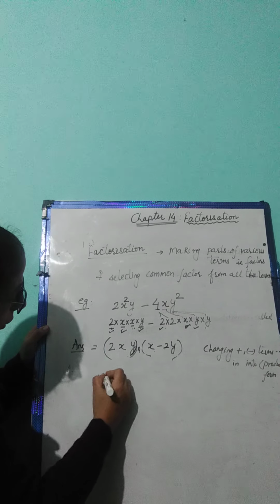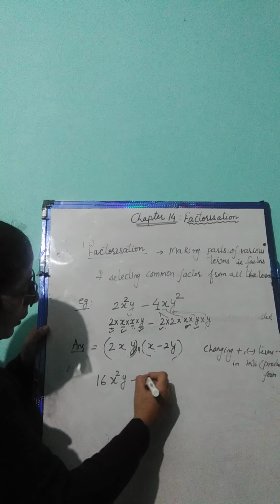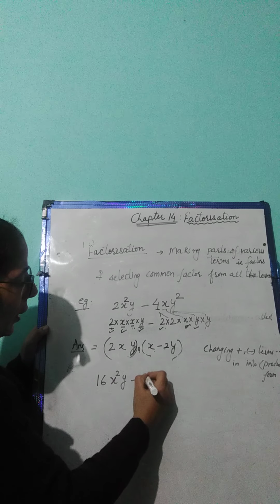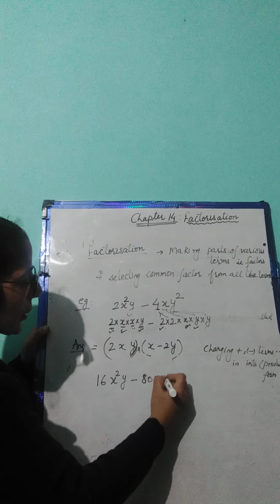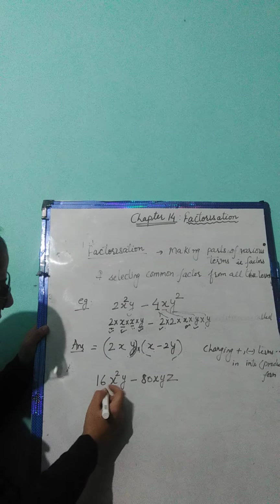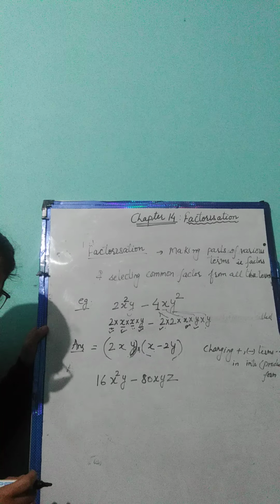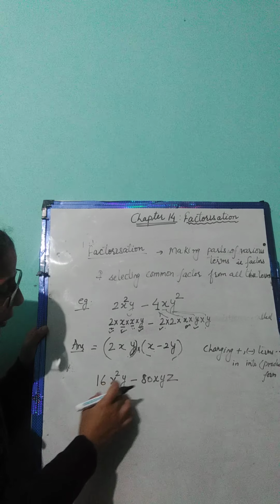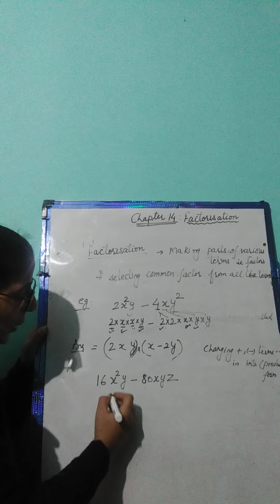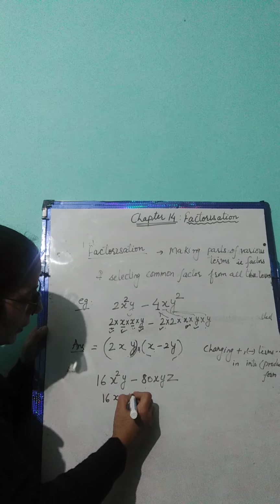If I am saying 16x square y minus 80xyz. So what can be done? Can I think 16 and 80 come in one table? See, 16 5s are 80.